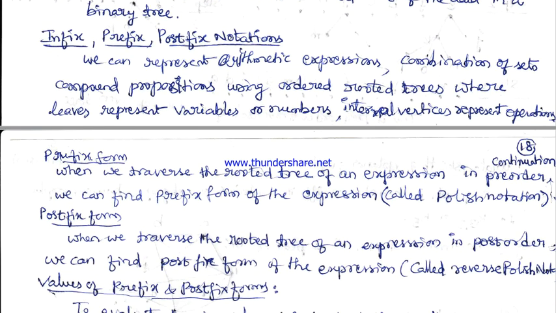Let us see what is the prefix form. Suppose an ordered rooted tree needs to be traversed using the pre-order algorithm, where the rooted tree represents some given expression. Then we can find the prefix form of the expression, which is also called Polish notation.